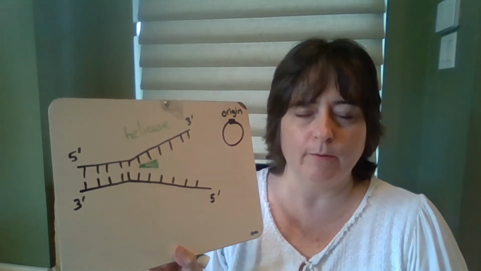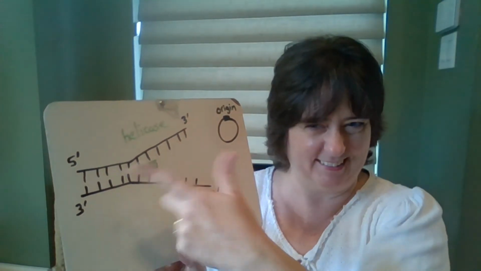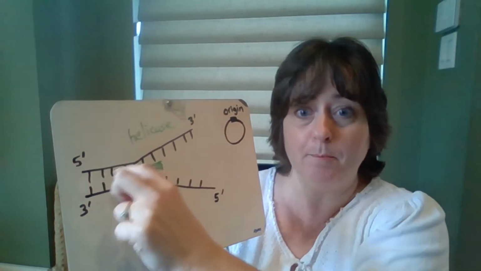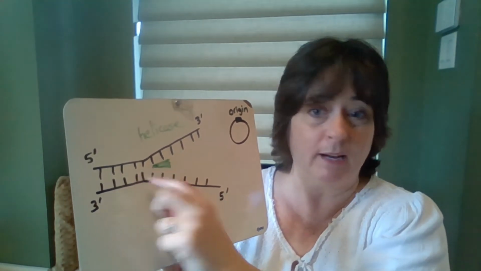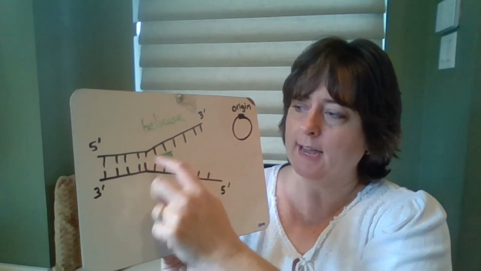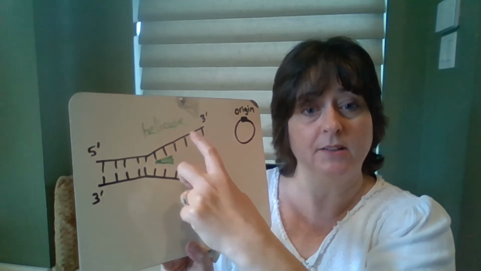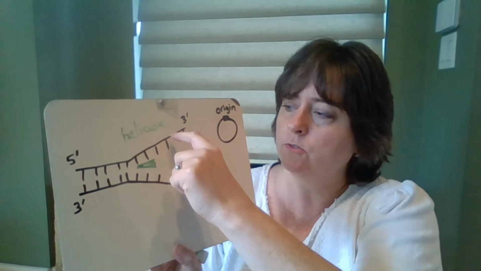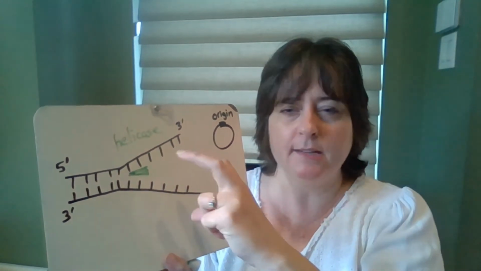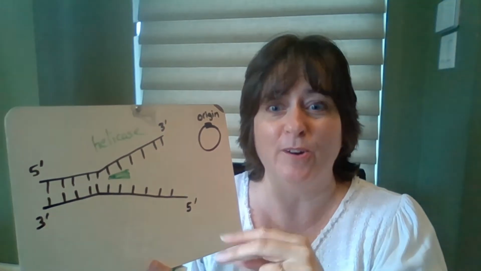A lot of times you'll hear that referred to as unzipping, because it does look like a zipper, right? You're unzipping this by breaking these individual hydrogen bonds, which are easy to break one at a time, and then these two strands are now separate. All right, helicase, so that happens first. Now, once I've got these two strands separate, maybe instead of thinking of it as a zipper, think about Velcro.